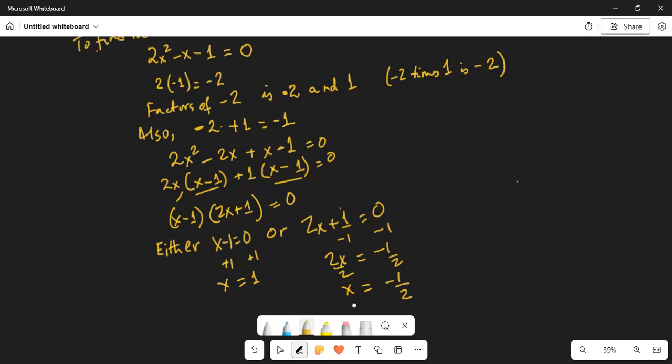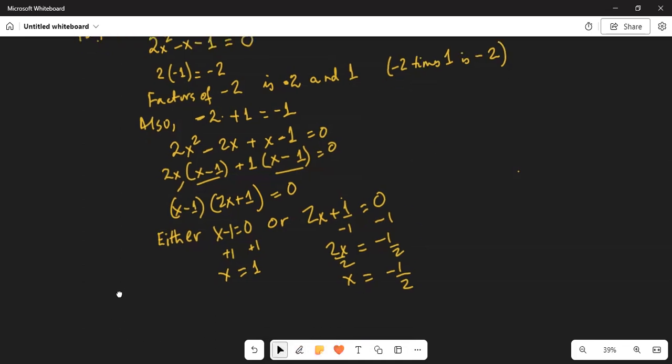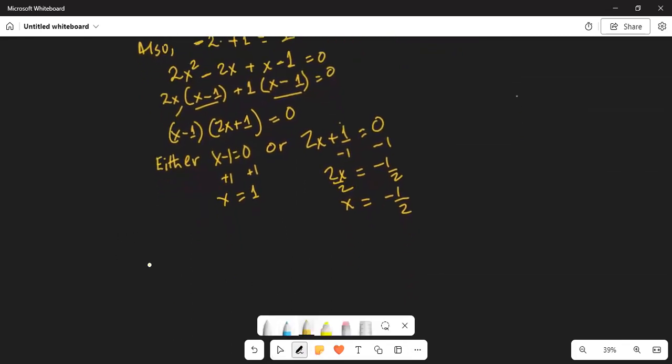Notice, when x equal to minus half or x equal to 1, the denominator of the given function is 0.